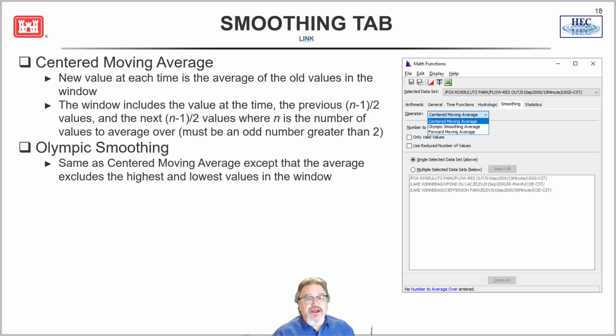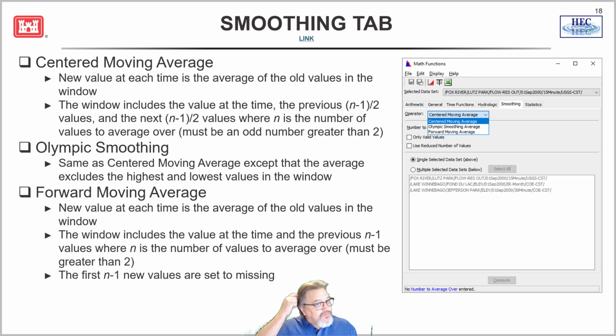The remaining scores are averaged. So that's what we do with Olympic smoothing. It is the same thing as centered moving average, except within the window, you throw out the highest value and the lowest value, you average the remaining values, and that becomes the new value. So it is a variation of centered moving average.